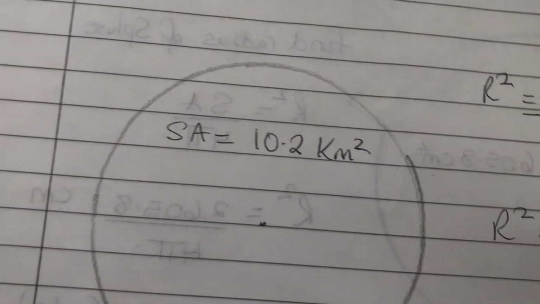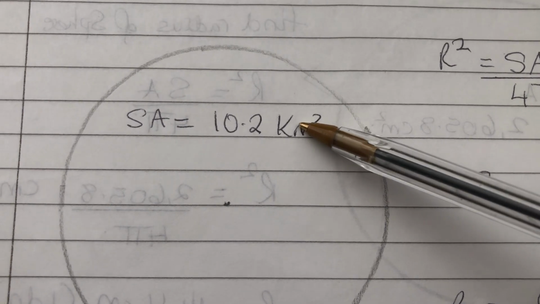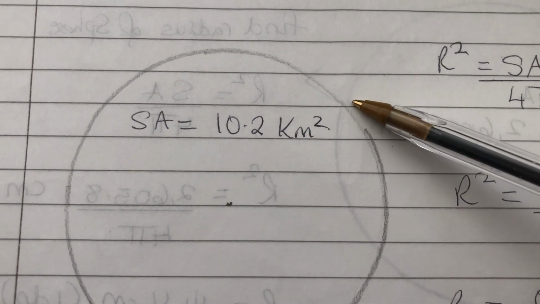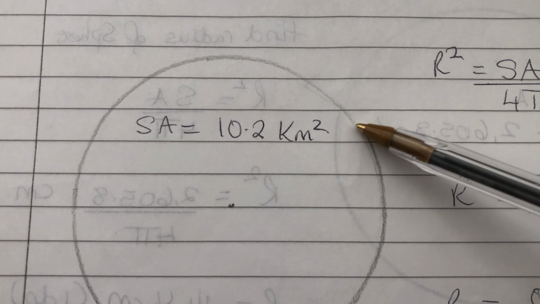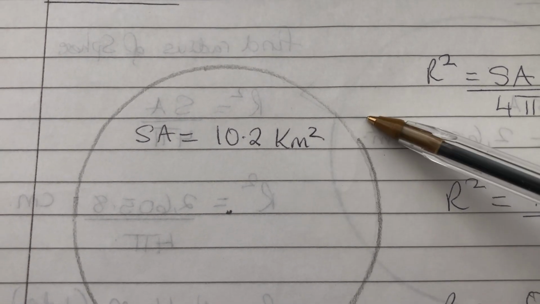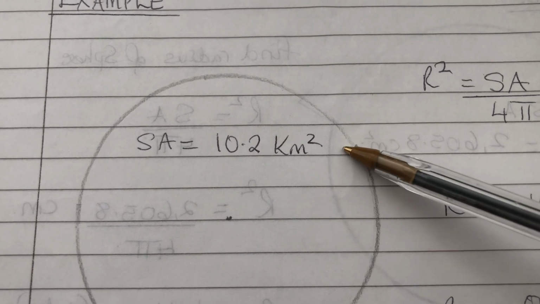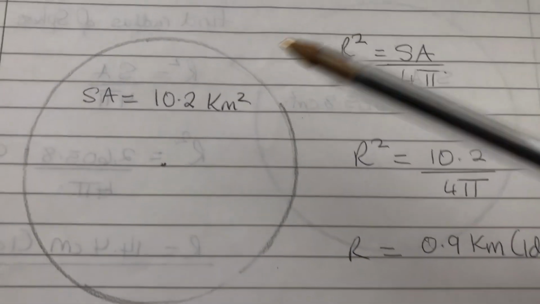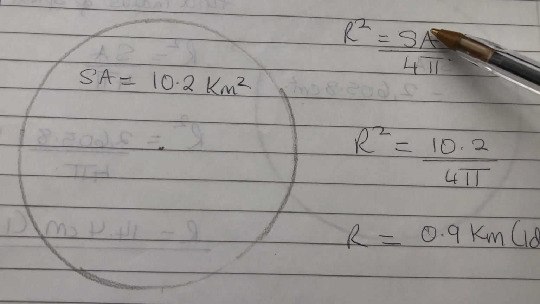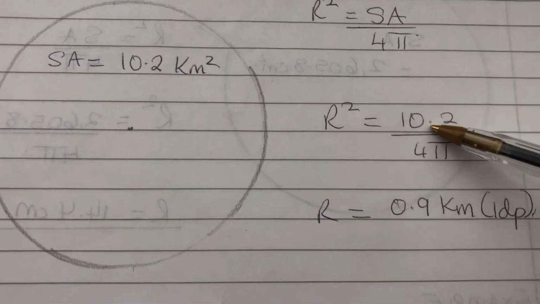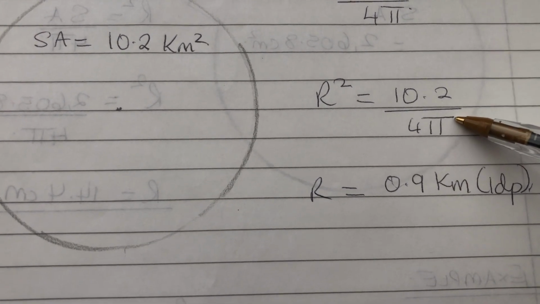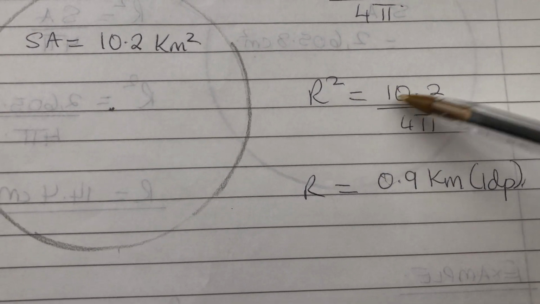Now another example, our surface area is 10.2 kilometers squared. So straight away, the radius we are going to get will be positive, and it will also have a unit in kilometers. So if we substitute that in the formula, 10.2 divided by 4 pi, and then you square root it.